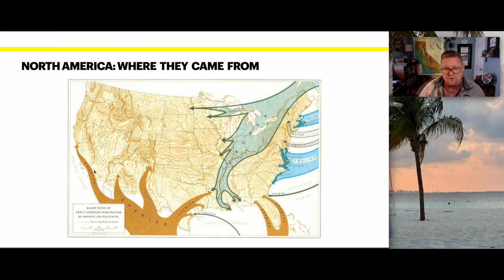And then where the 13 original colonies were, we definitely have integration of English names as well as Dutch and Swedish. This is an interesting diagram that I found that brought in not just where the people came from, which leads into that idea of the melting pot, but where the names came from that are still on our landscape today.